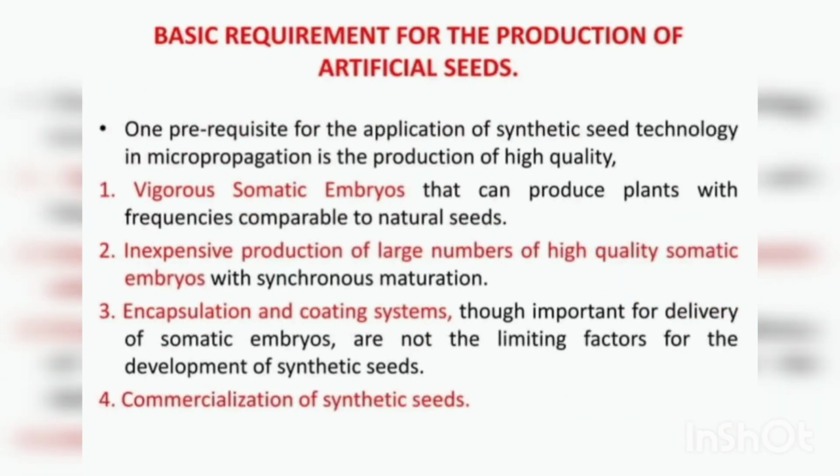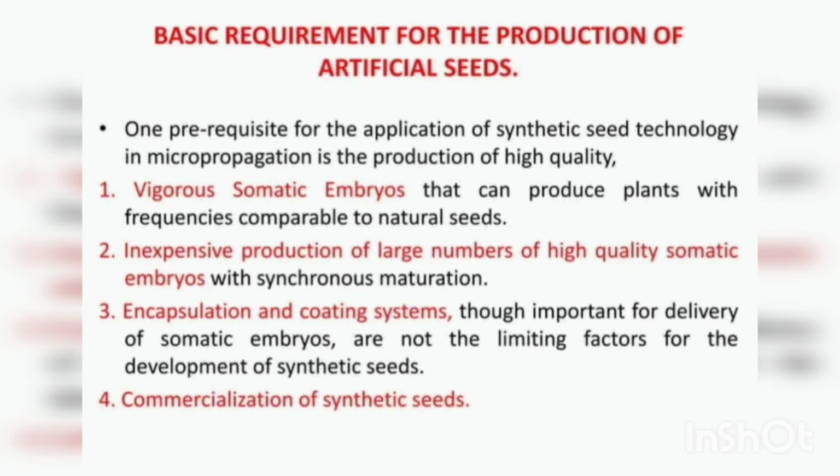What are the basic requirements for the production of artificial seed? One is that we have to have vigorous somatic embryos that can produce plants with maximum frequency. Then it should be inexpensive production, so a large number of high quality somatic embryos are produced in an inexpensive manner.